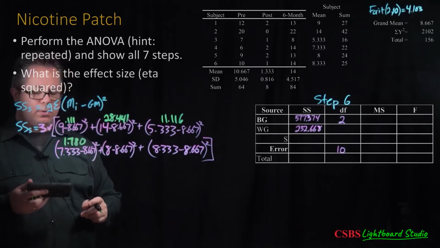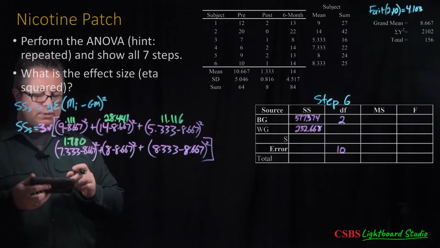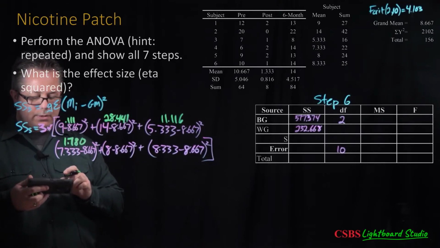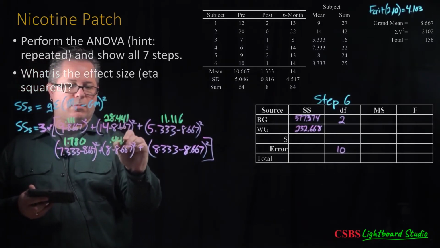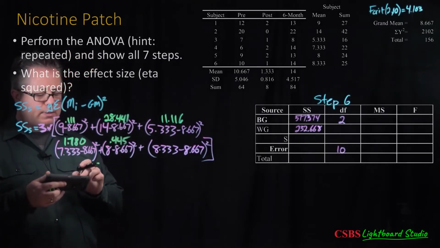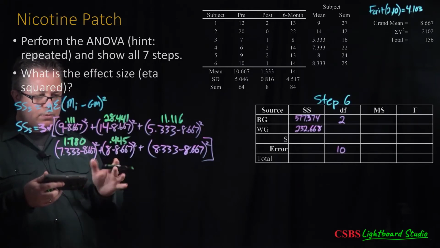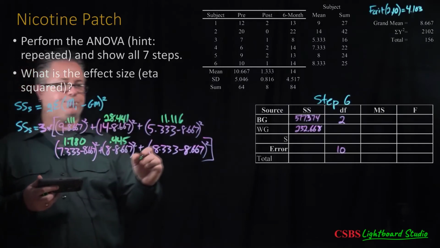Okay. 8 minus 8.667 is going to be negative 0.667, so 0.667 squared is 0.445. 8.333 minus 8.667 equals negative 0.334. Squared is 0.112.